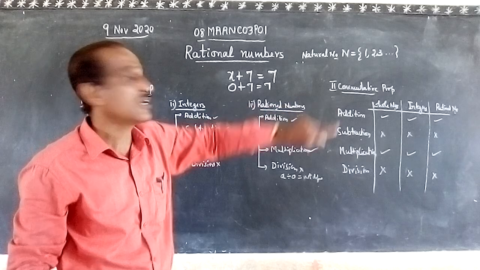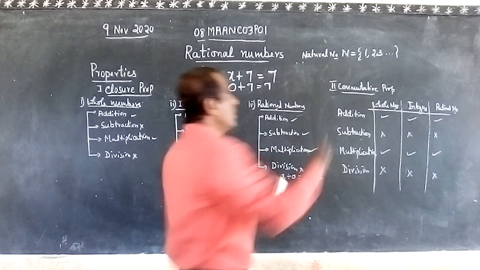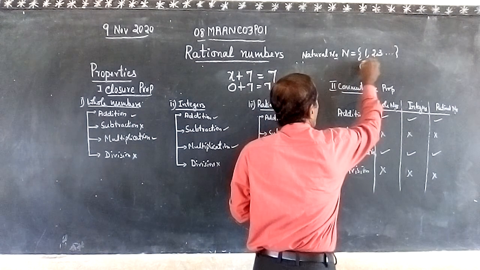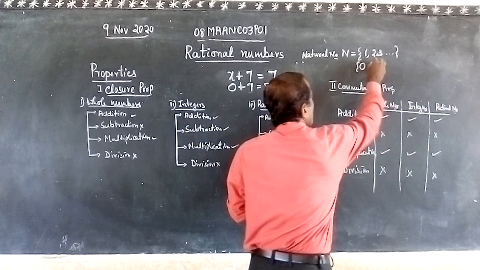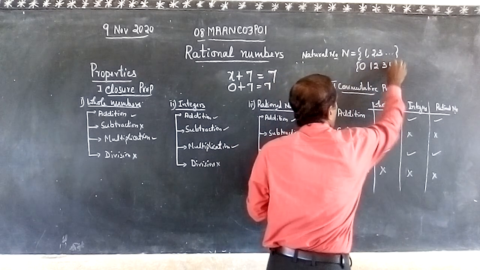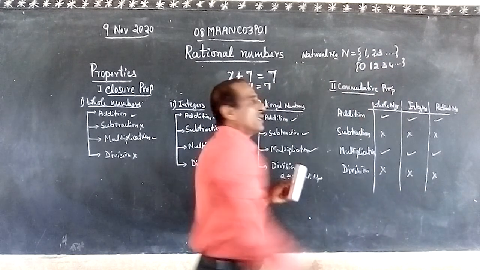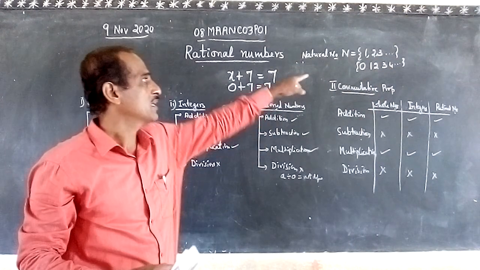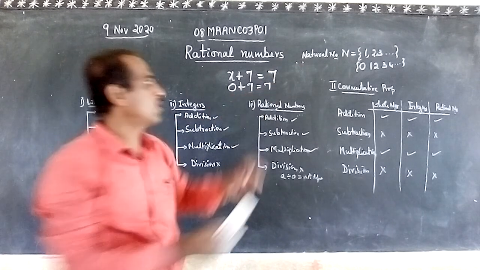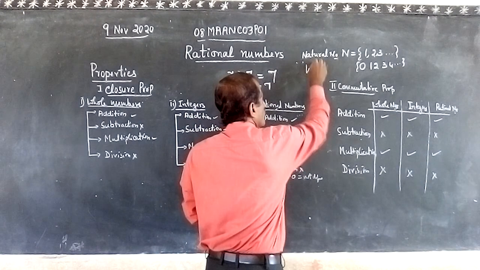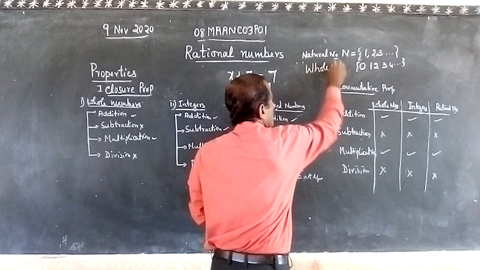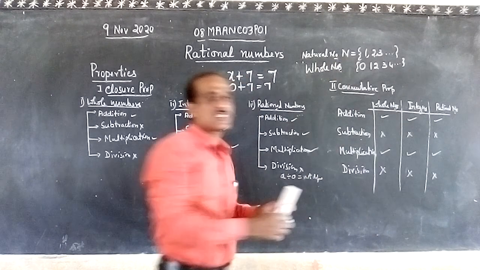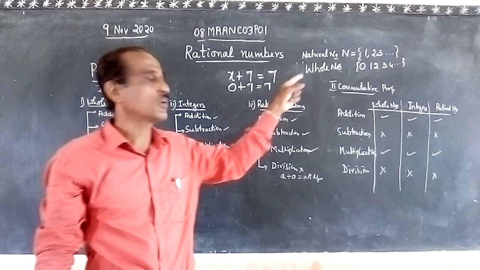So, if you add 0 to the natural numbers 1, 2, 3, 4, 5, 6, like this, with one extra digit, that set of numbers is called whole numbers. You have studied this. Whole numbers start from 0, 1, 2, 3, 4, like that.